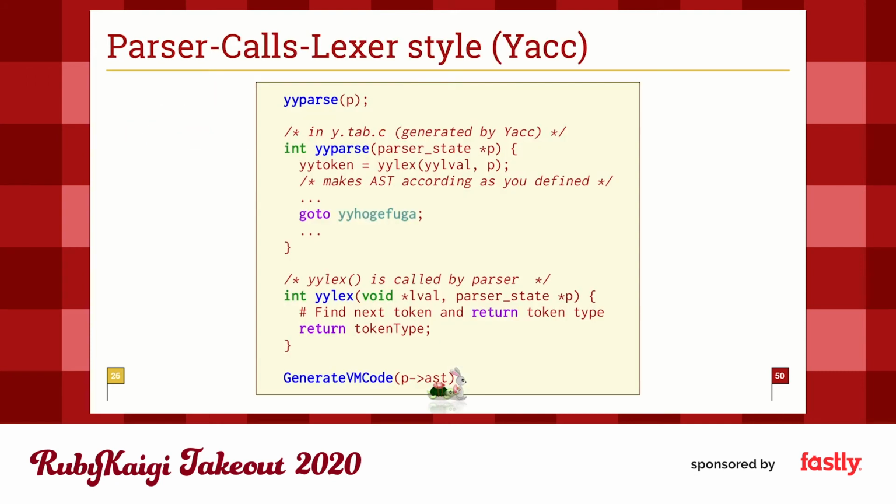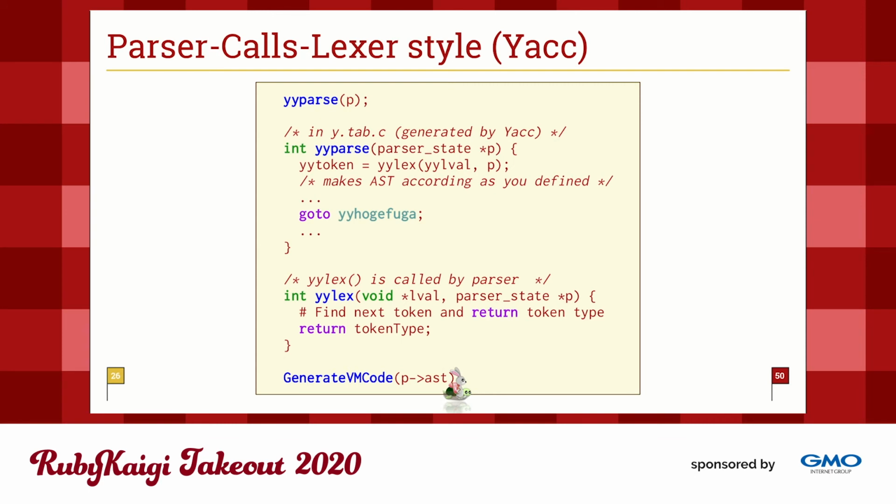In the Yacc style, the compiler calls the yyparse function, which is generated from parse.y by Yacc. Inside that function, yylex will be called in order to obtain the next token. Then the implementation of yylex is all up to you, basically.